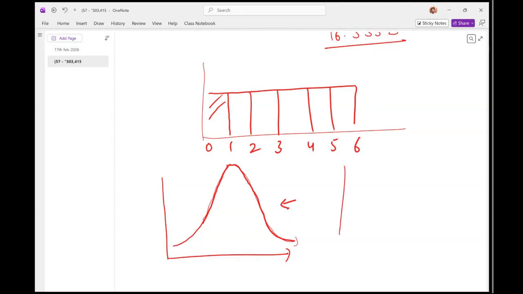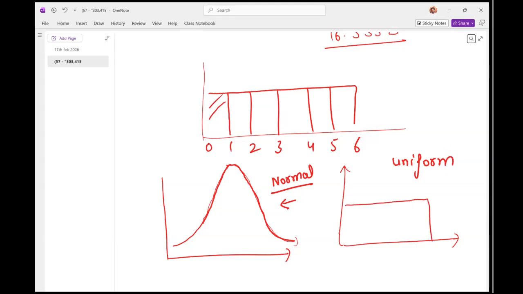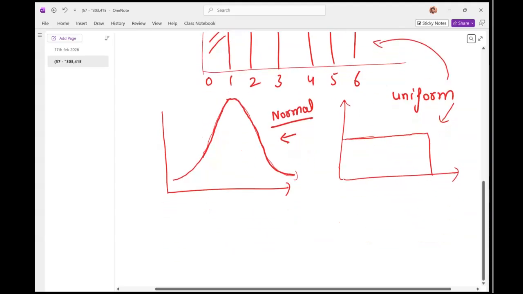The second type of graph, which we will be focusing on in today's class, is the uniform distribution. Uniform, this is normal distribution. A uniform distribution graph looks something like this, the one I've drawn on top, and again I'm drawing it here.